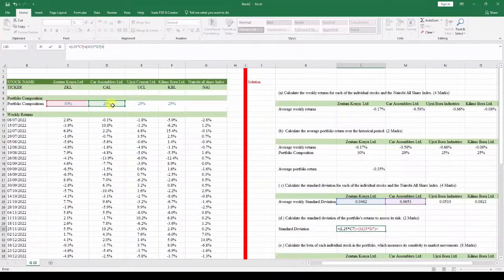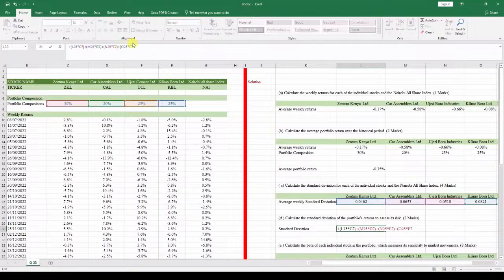corresponding portfolio composition weight. We open the brackets, we pick Ujenzi Bora weekly standard deviation, times the Ujenzi cement over here. Then we close the brackets, plus we pick this value here and we multiply it against that value there.